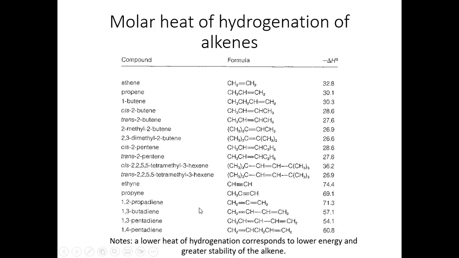But you can see ethyne, the triple bond, is the highest, right? Because of the very strong triple bond. Then followed by propyne and so on. You can also see that when there are extra double bonds, there is an increase in the heat of hydrogenation.